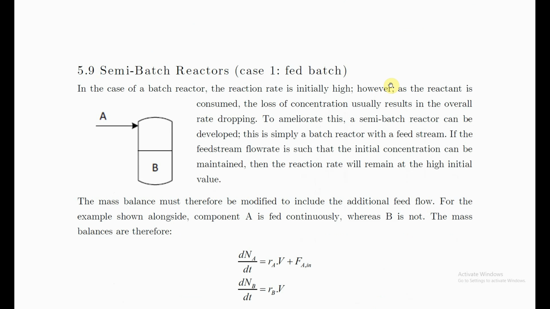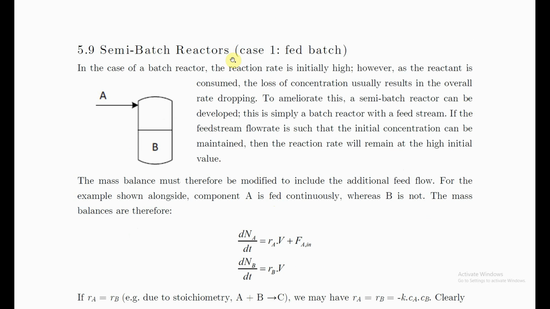Then I would like you to work through in the notes in more detail this alternate case. So we have batch reactors, which by definition have no flow in or out of the reactor. However, you could consider, well, why do I need to stick myself to this case where my reactant is going to run out?